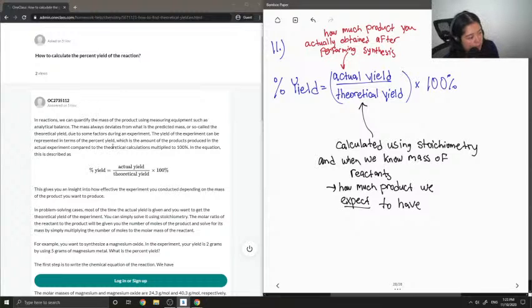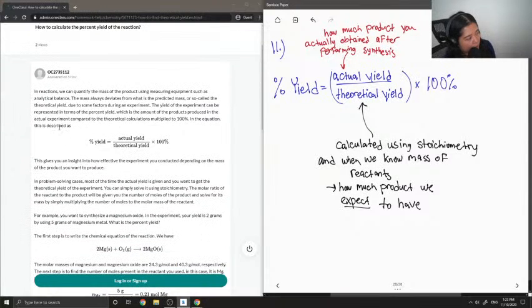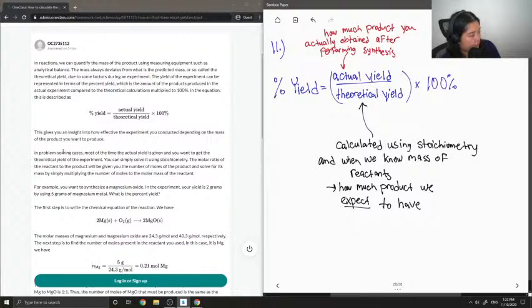The yield of the experiment can be represented in terms of the percent yield, which is the amount of the products produced in the actual experiment compared to the theoretical calculations multiplied by 100%. They give out the same equation that I have. So this gives you an insight into how effective the experiment you conducted was, depending on the mass of the product you produced.